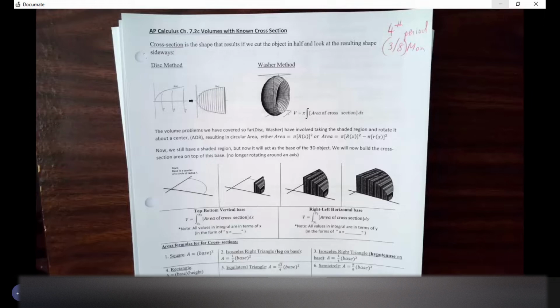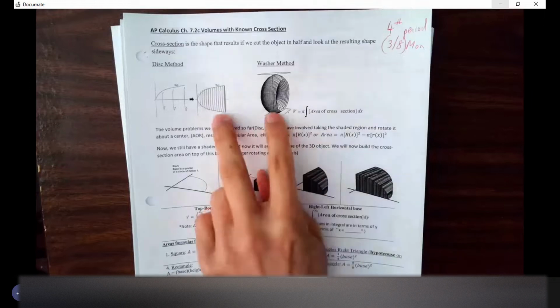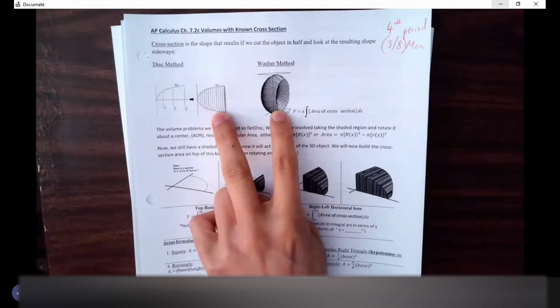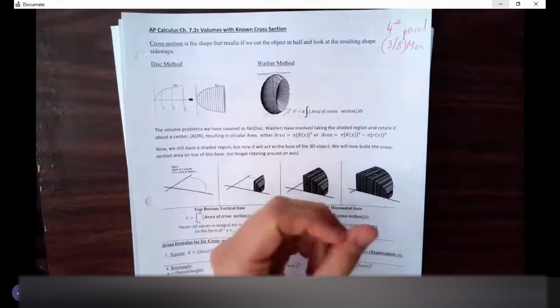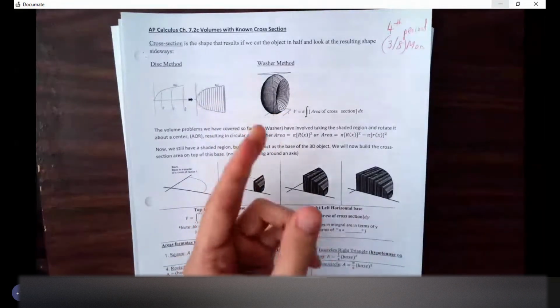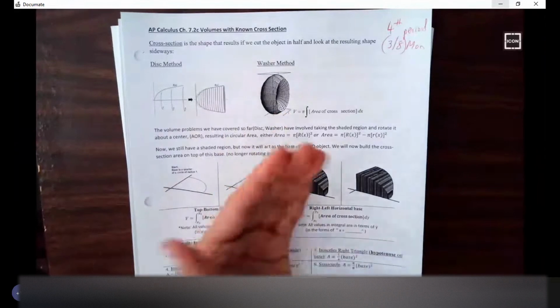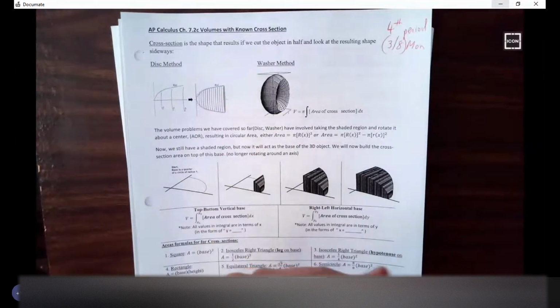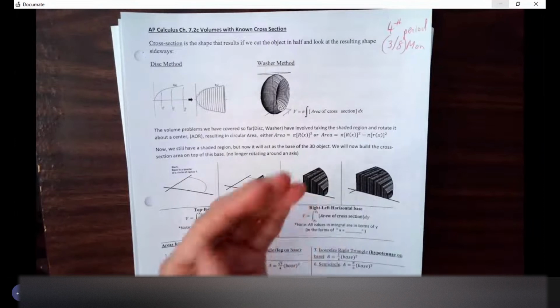It's just that instead of a circular based object, now our objects are going to have different shapes involved. It may not be a circle anymore. It could be rectangular based, triangle based, semicircle based. Okay.